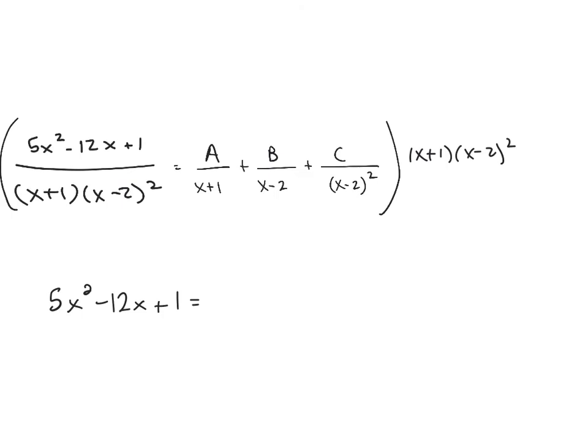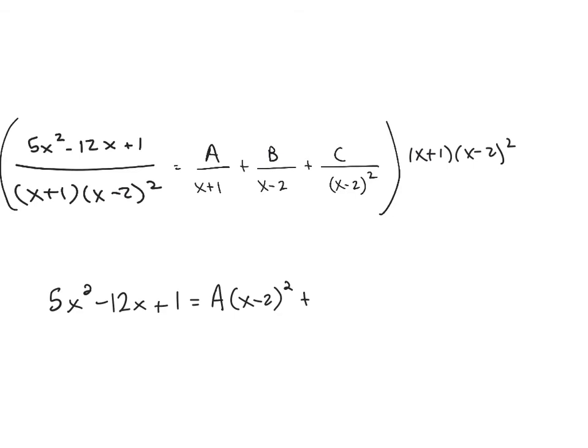Now when the LCD multiplies to the a partial fraction, the x plus 1's cancel, so a multiplies with x minus 2 squared. Now when the lowest common denominator multiplies the b partial fraction, this x minus 2 only cancels with one of the x minus 2's.